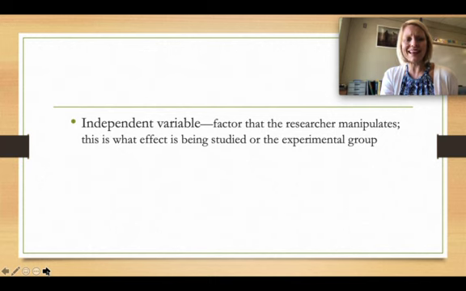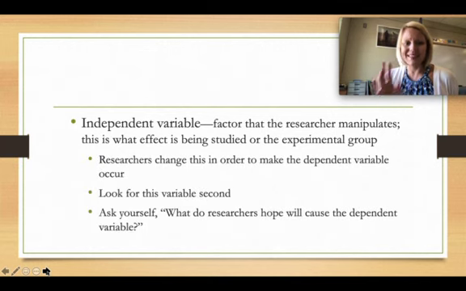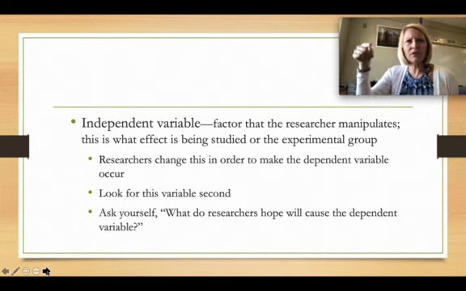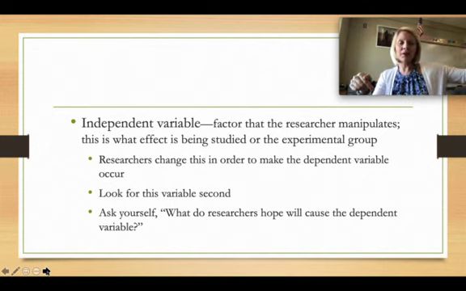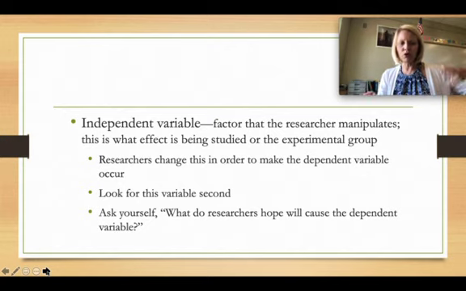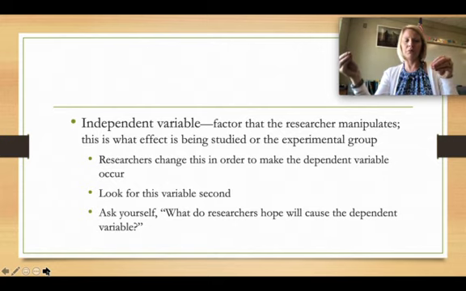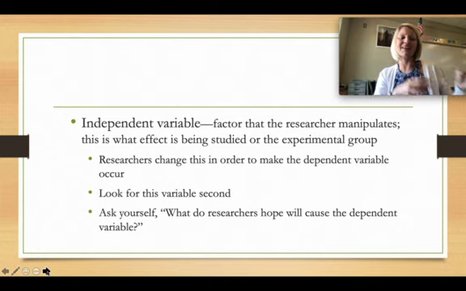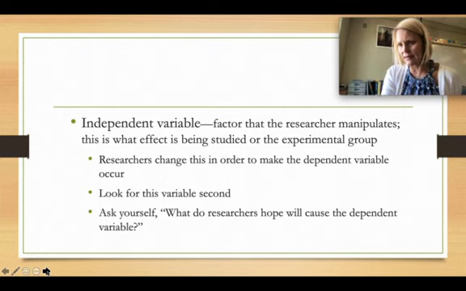So look for the independent variable second and ask yourself, what do researchers hope will cause the dependent variable? It's always easiest to look for the dependent variable first because then the independent variable naturally comes out. When you look for the dependent variable first, the independent variable becomes very easy to spot. So look for the dependent variable first, independent variable second.